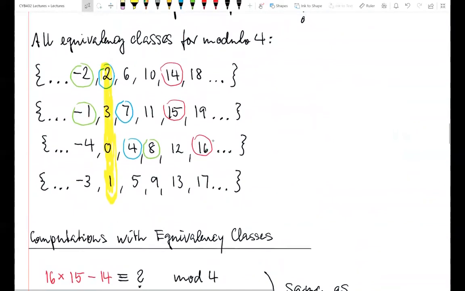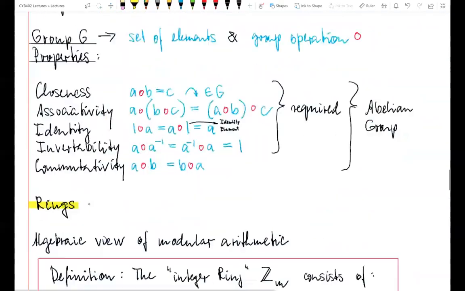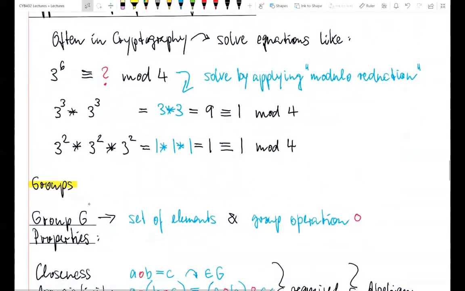So we have it here, 9. An equivalent member is 1. So we can say here that 3 to the 2 is 1. And it's 1 times 1 times 1 is 1, which obviously is congruent to 1. Okay.